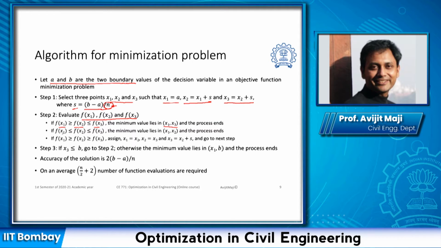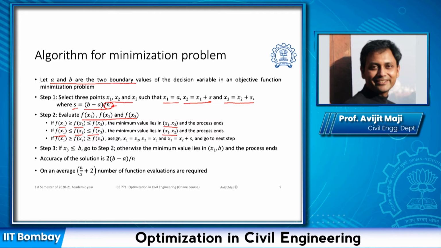If the new points which we obtained from the initial point x1 are worse than the initial point, in this case we are using minimization, so the objective function values at those 2 points are higher than the objective function value at the first point, this indicates that the minimum is going to lie between x1 and x2, and we can end the process.